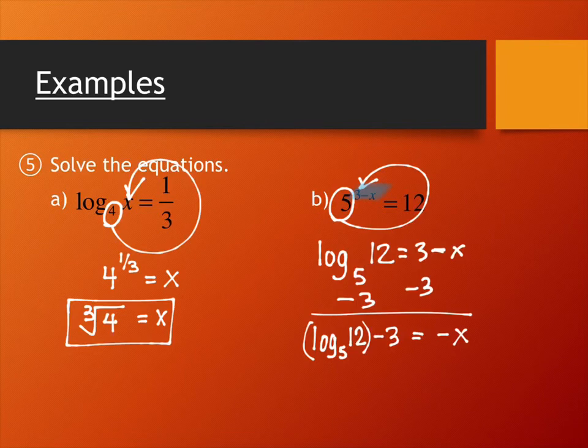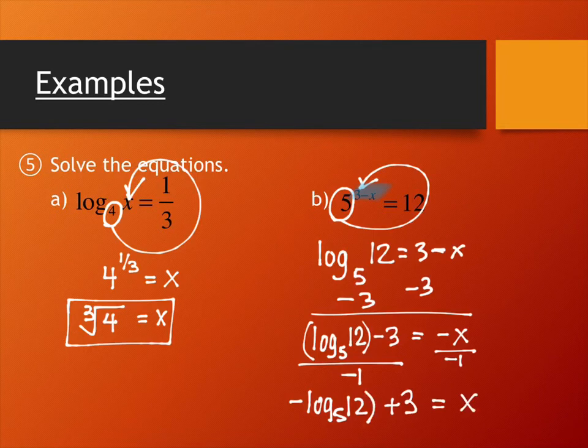Now what? Divide or multiply by a negative 1, right. And so everything changes signs. I now have a negative log base 5 of 12, and I have a positive 3, and it equals x. Again, if it helps you to put that in parentheses, go for it.